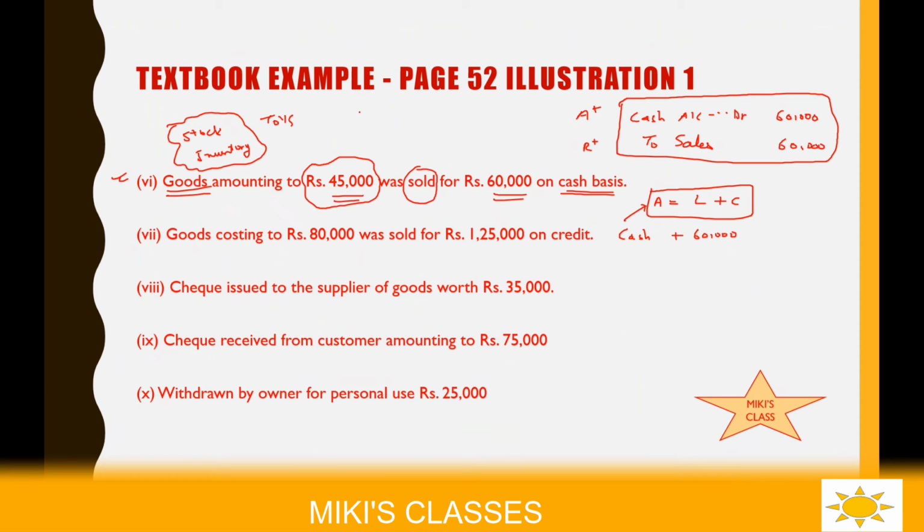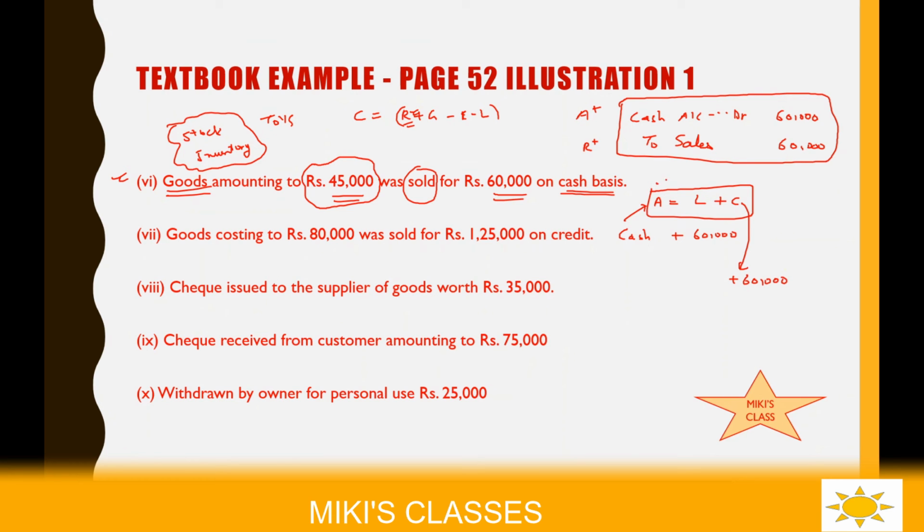So within this capital account, C is equal to revenue plus gains, I'm using shorthand, minus expenses minus losses. In this case, it is this revenue, right? So this is the left-hand side, cash has gone up. And the right-hand side, capital, because of this revenue, what has happened? So this is also plus 60,000.